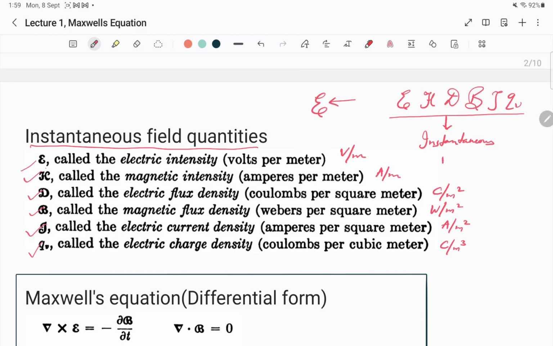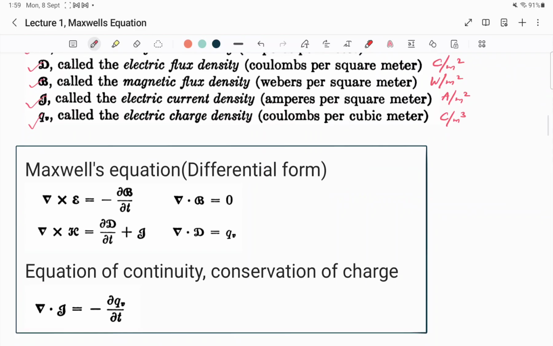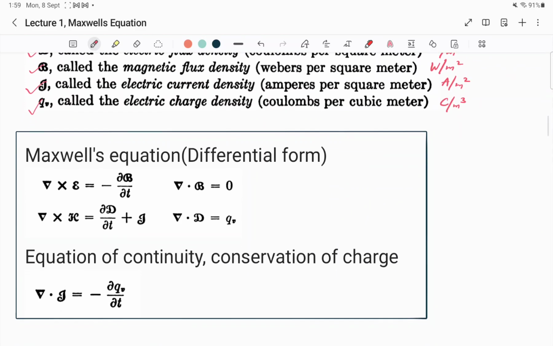Later we will see how Maxwell's equation can also be written in terms of complex field quantities or Phasor quantities. So first we will see Maxwell's equation in differential form.